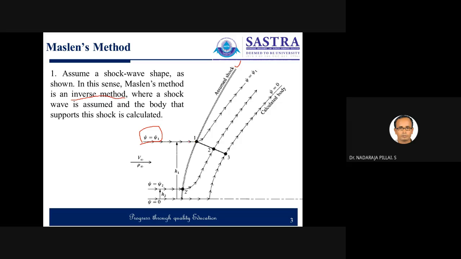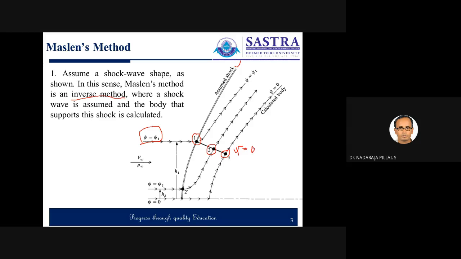Right? So here you have the assumed shock, and say psi is a stream function and psi 1 is the stream function which we can calculate at point 1. Point 1 is on the shock and point 2 is in between the body and the shock, which can be considered as a point on a streamline inside the shock layer. And 3 can be assumed as a point on the body, where we can consider the stream function psi equal to 0.